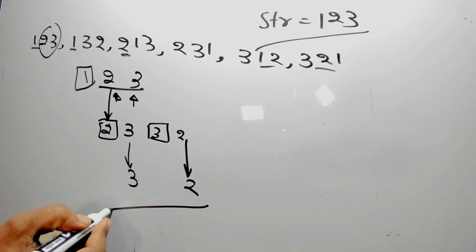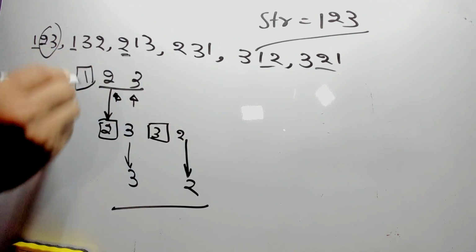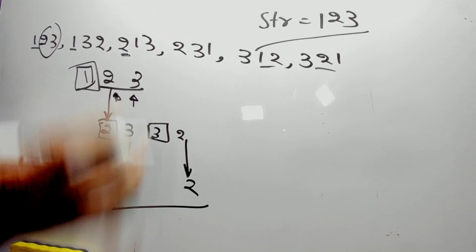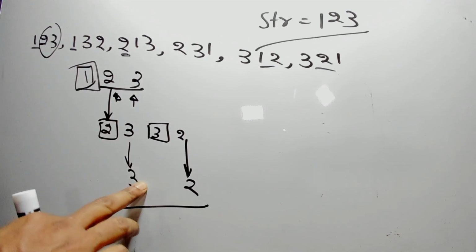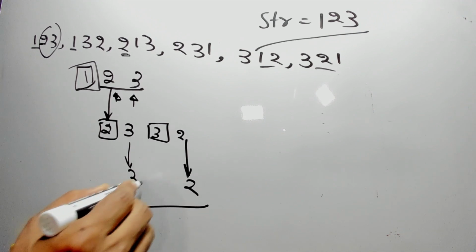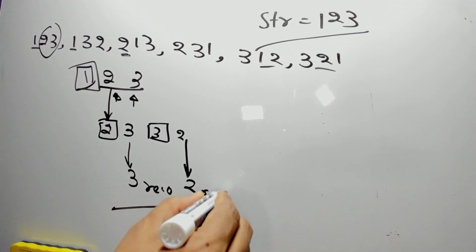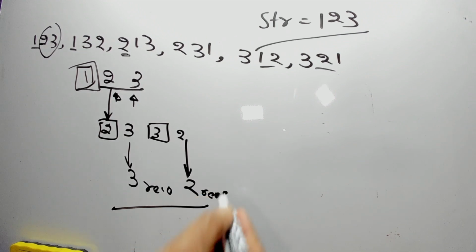So at the end case, when we keep one constant and find the rest of the elements, when our length becomes only 1, the length of the rest will become 0.